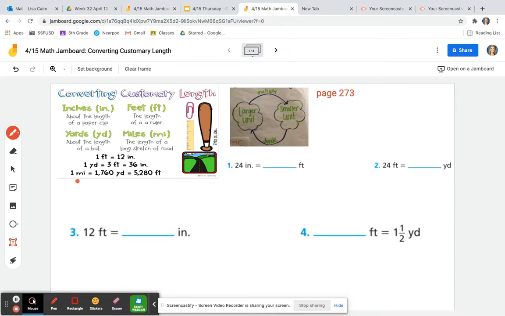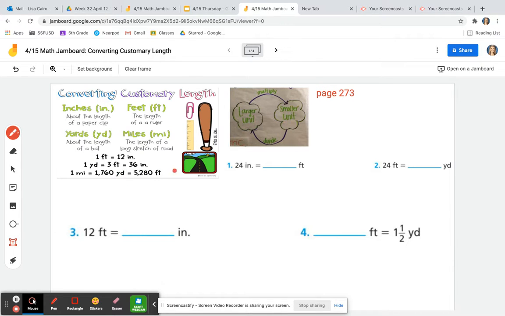If we measured in yards, we could take baseball bats and we would need 1,760 baseball bats lined one after another to get from school to the park.